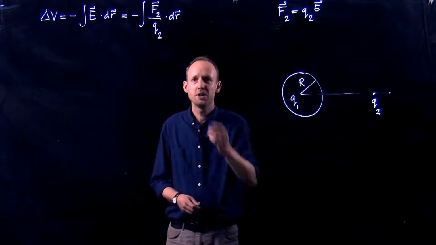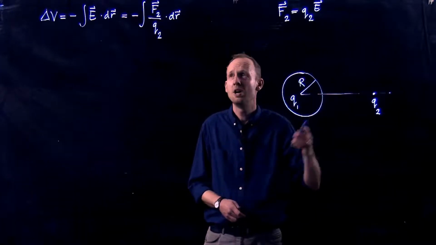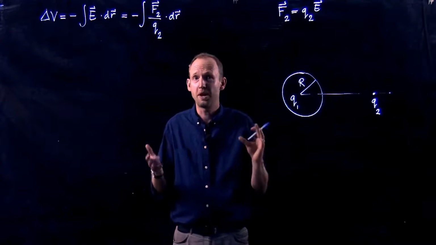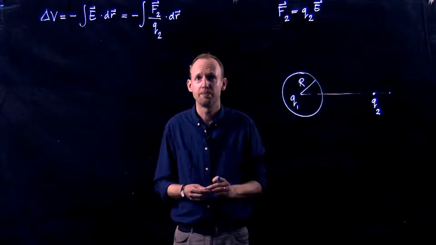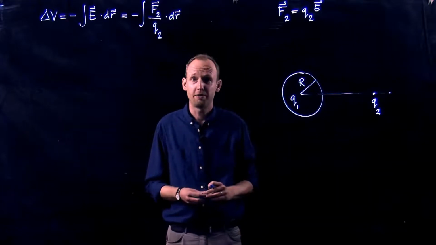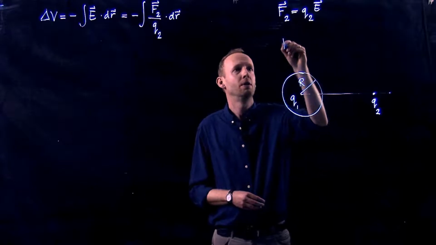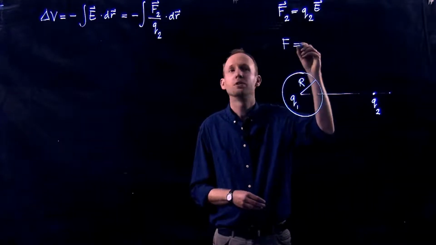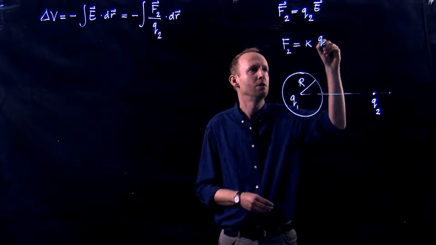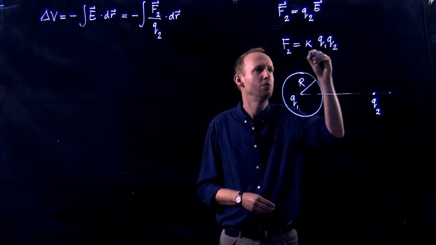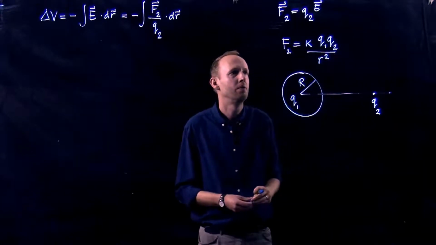Now in this situation, F2 and dr are pointing in the same direction, they are both horizontal. So this vector product we can just replace by a scalar product, just F2 times dr to keep it simple. And the magnitude of F2, which is the Coulomb force, can be written as follows: F2 equals K Q1 Q2 divided by R squared.